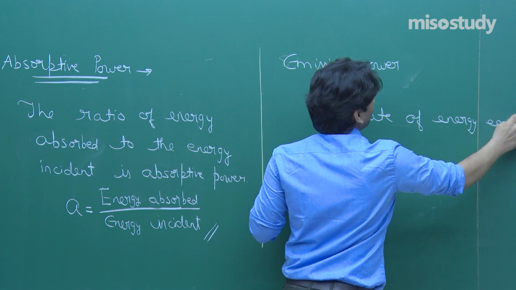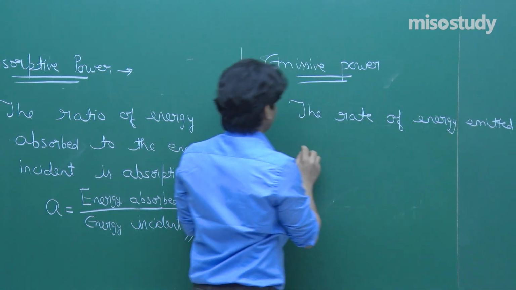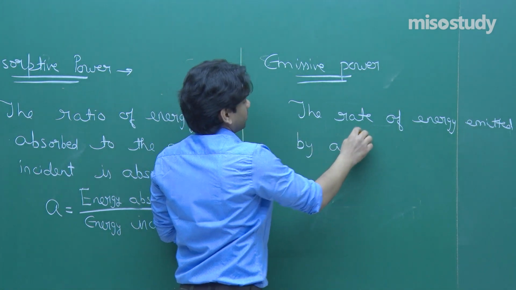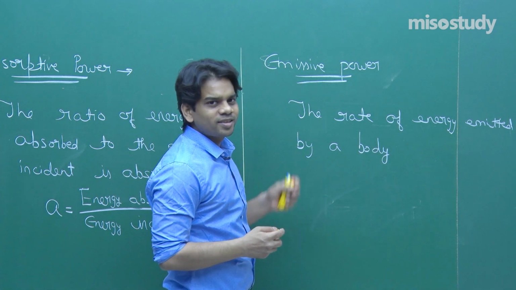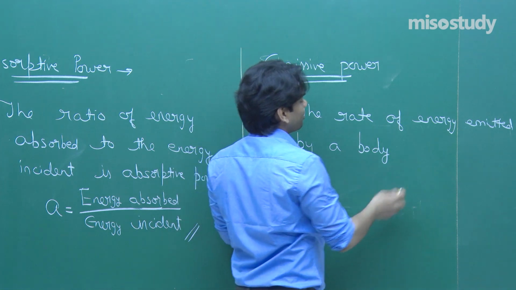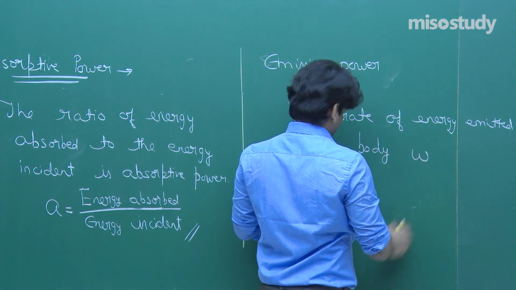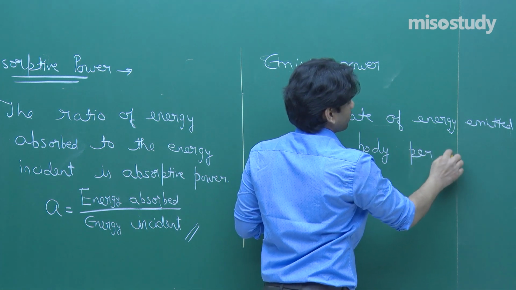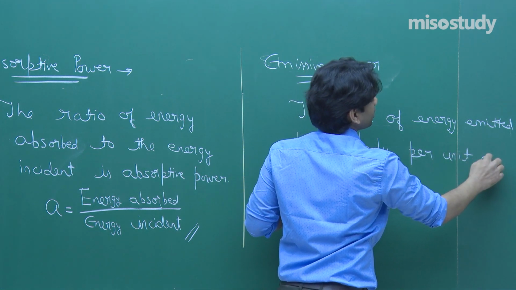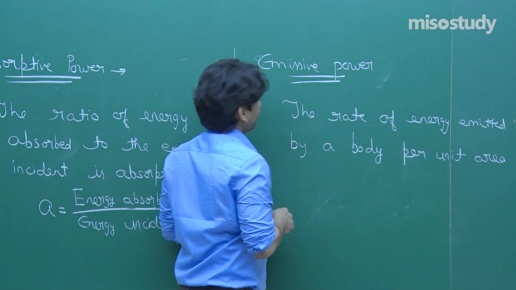Now don't confuse it with emissivity. The rate of energy emitted by a body per unit area is emissive power.